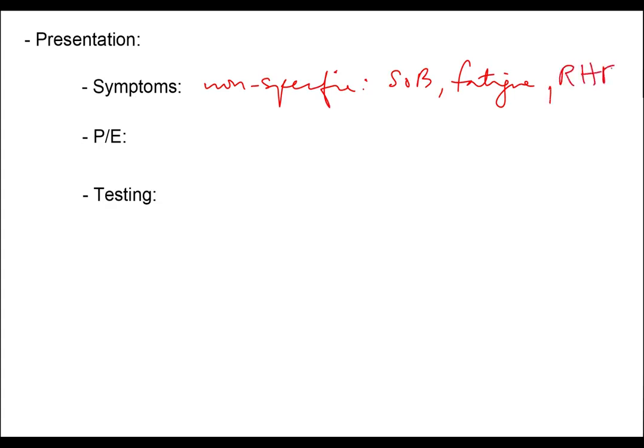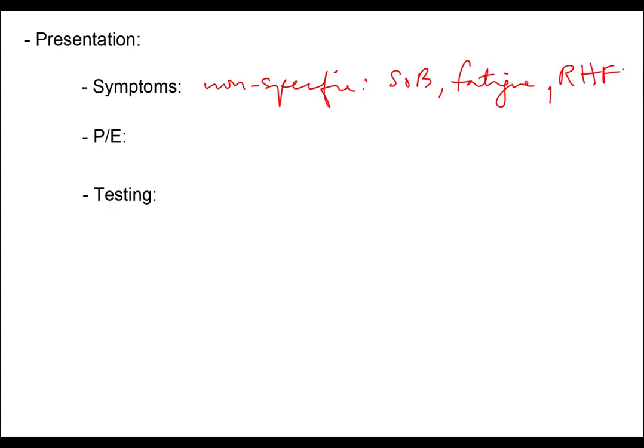The problem with pulmonary hypertension is the symptoms are very nonspecific. So we're really talking about the surprisingly difficult findings of shortness of breath, fatigue, and right-sided heart failure if we're approaching the end-stage disease.